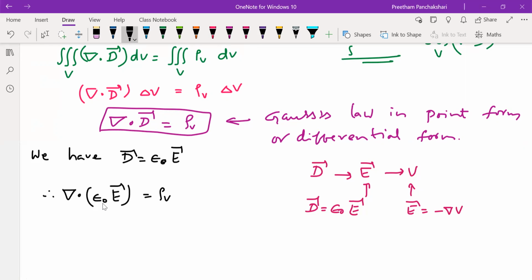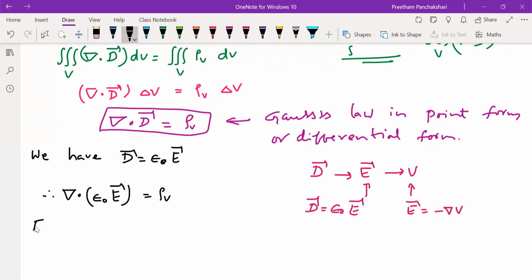Now, the question is about epsilon naught, the absolute permittivity of the medium. Is this epsilon naught constant? It is, yes, if the medium is homogeneous. That means if the medium in which electric field is distributed, charge is distributed, is homogeneous, then epsilon naught can be taken out as a constant.